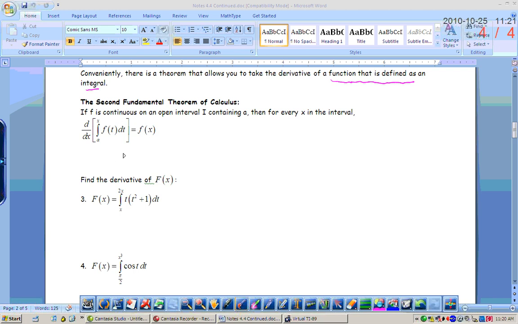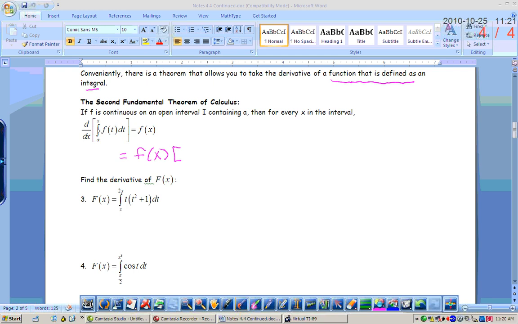This one just happens to be f of x. But what's really going on here is that when you integrate, you plug in the top limit for x, or for t. So you get f of x, and then you have to multiply by the derivative of that top limit.